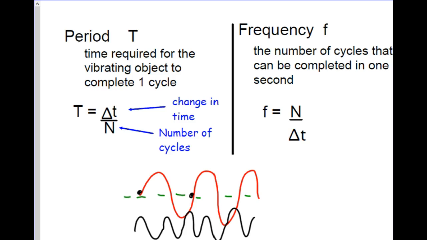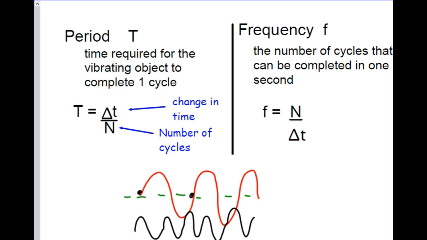Why would we time a number of cycles rather than just one? Why would we time a number of waves rather than just try to time one wave? Because it could be a different frequency. Have you ever tried to keep track of the waves coming onto the beach?